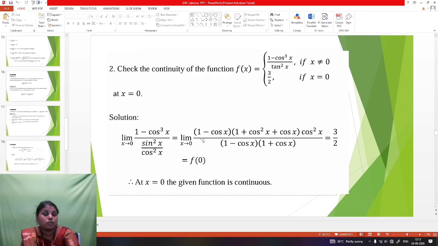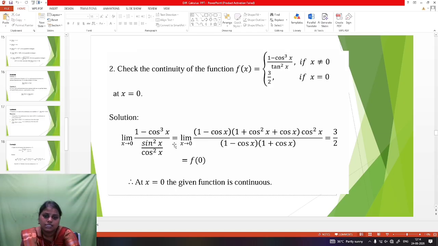The a cube minus b cube formula is a minus b into a square plus ab plus b square. So, 1 minus cos x into 1 plus cos x plus cos square x, divided by tan square x, which is replaced by sin by cos. The cos square x goes to the numerator part, so cos square x divided by sin square x.